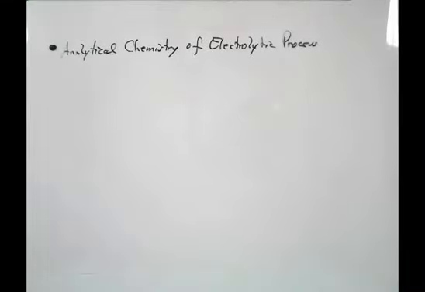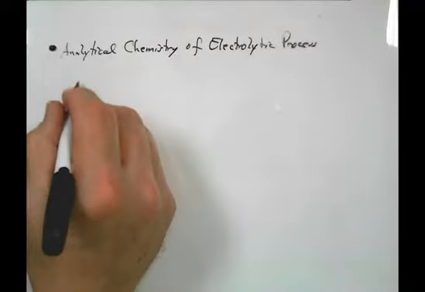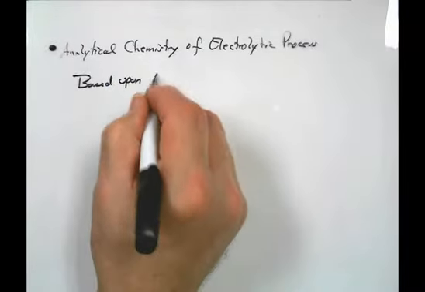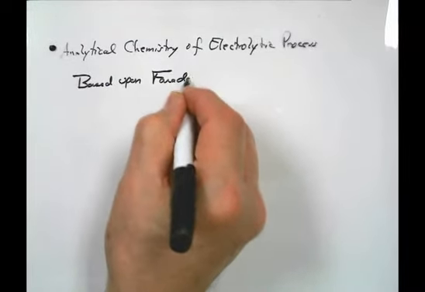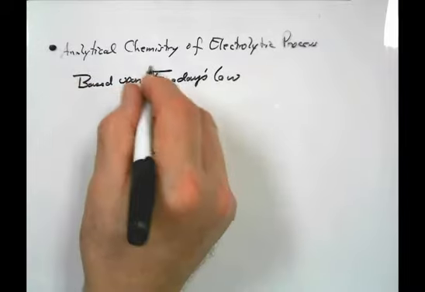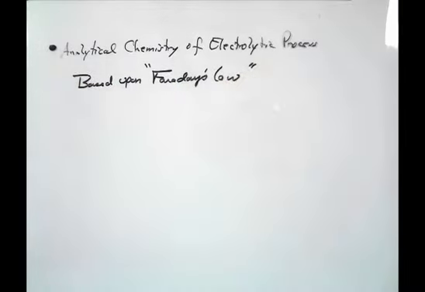The process analysis is based upon what we call Faraday's law, which simply states that the amount of electric charge needed to provide 1 mole of electrons is called 1 Faraday.